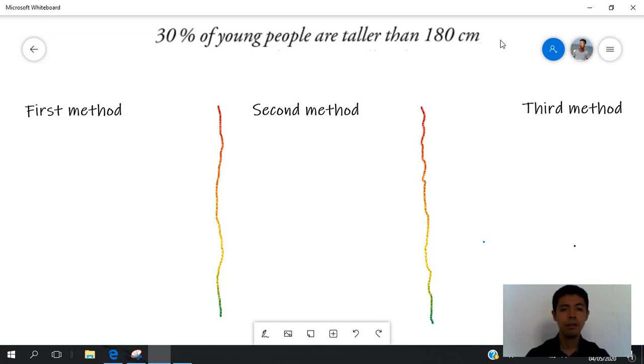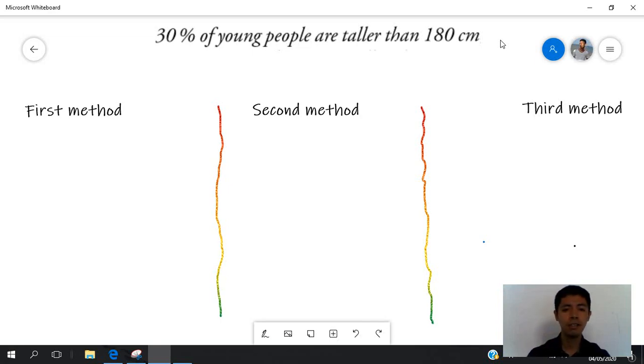To learn that, we're going to use the following example. It says that 30% of young people are taller than 180 centimeters. Now, what does it mean? Well, it means that out of every 100 young people, 30 of them are taller than 180 centimeters.